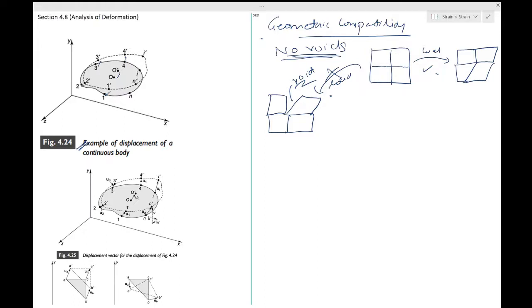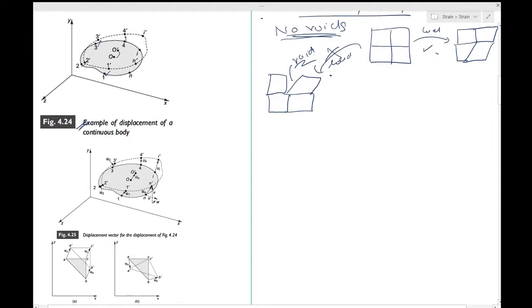The displacements are clearly shown. All these displacements are shown as vectors. U1 in a bold symbol means a vector, and so on: U2, U3, U4.